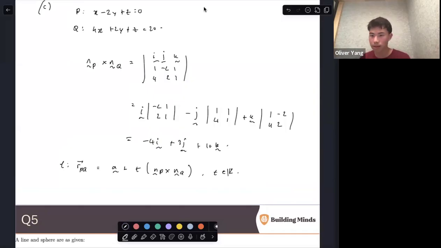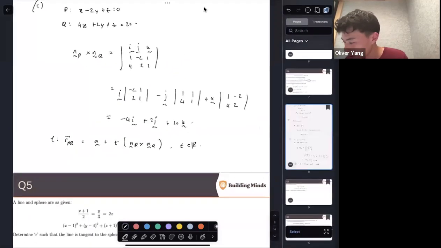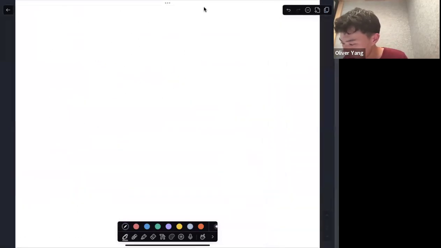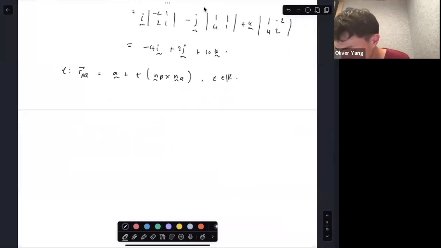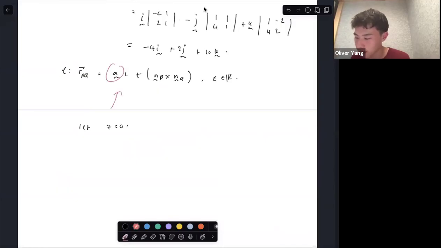So how do we do that? We just let Z equal 0 in our planes. We want to find what this point is.